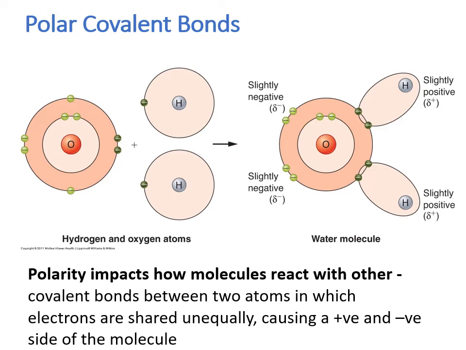So we could call this a polar covalent bond. Okay, so even though they're sharing electrons in a covalent bond way, if one molecule has much more influence, there can still be a slightly negative charge on one side of the molecule and a slightly positive charge on the other side of the molecule, and that's going to determine how it interacts with other molecules in the body. Okay?